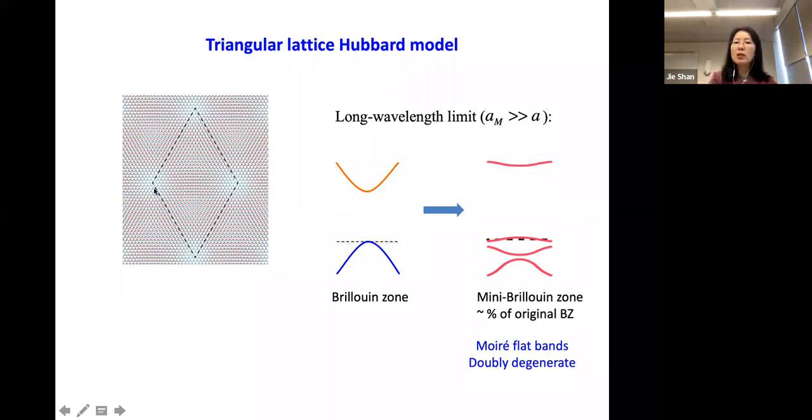And because this moire period is 30-ish times larger than the atomic period, we are just looking at a very small fraction of this original Brillouin zone. So we are looking at a mini moire Brillouin zone. So this is just a percent of the original one. And you can see that near the top, I do have something very flat, right? And this is the way to get a flat band.